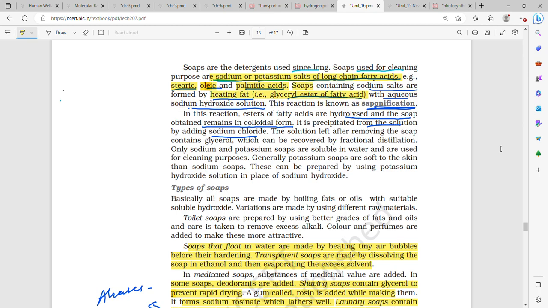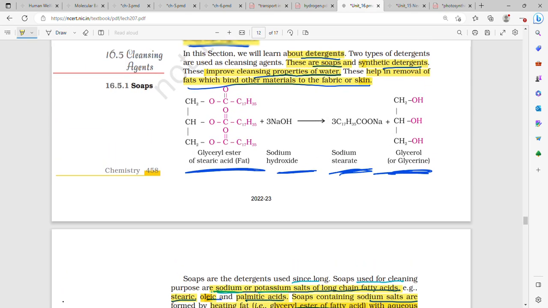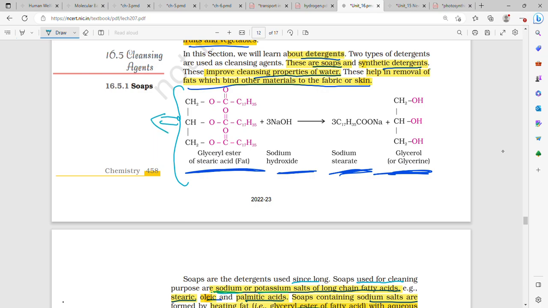Soaps containing sodium salts are formed by heating fat, that is glycerol ester of fatty acid, with aqueous sodium hydroxide solution, and this reaction is known as saponification. So this reaction which was given above is saponification.